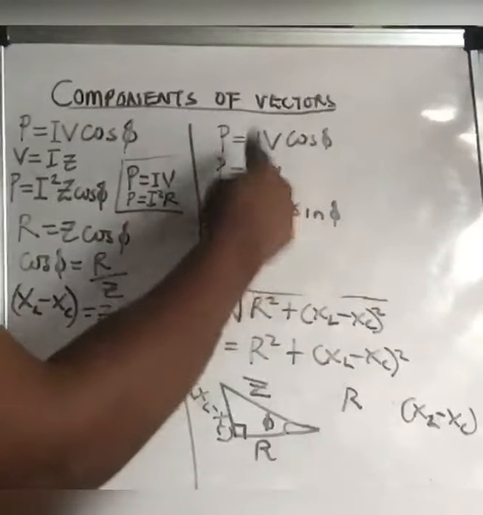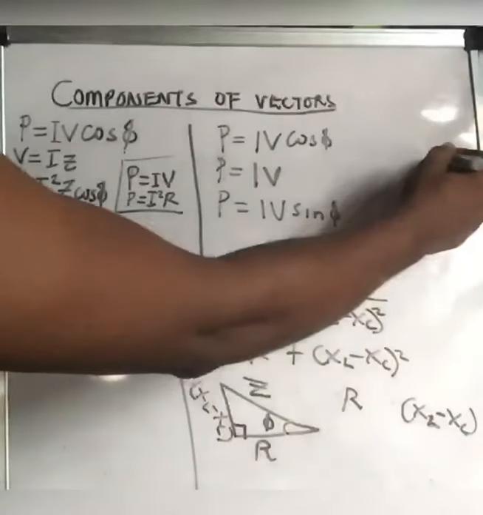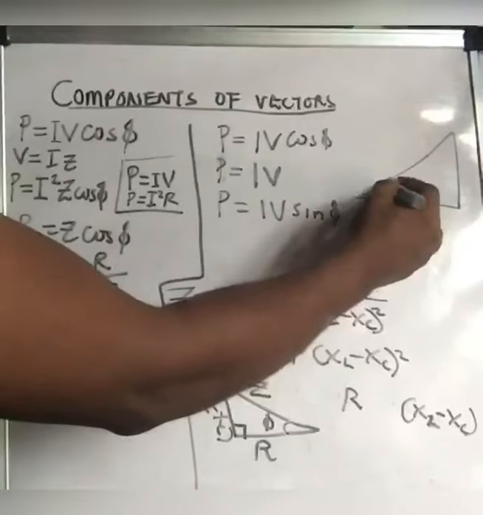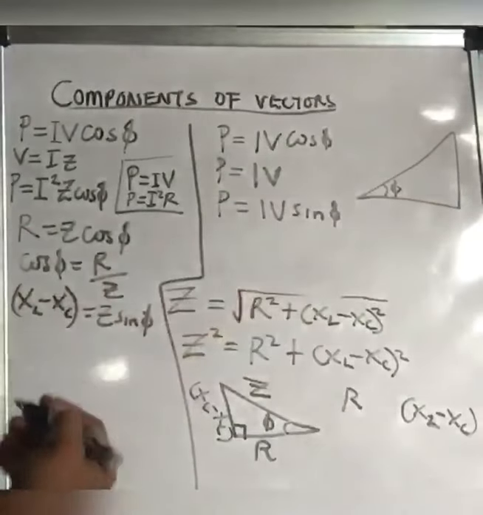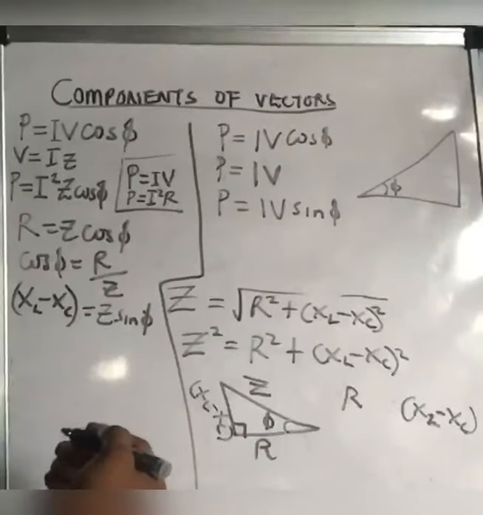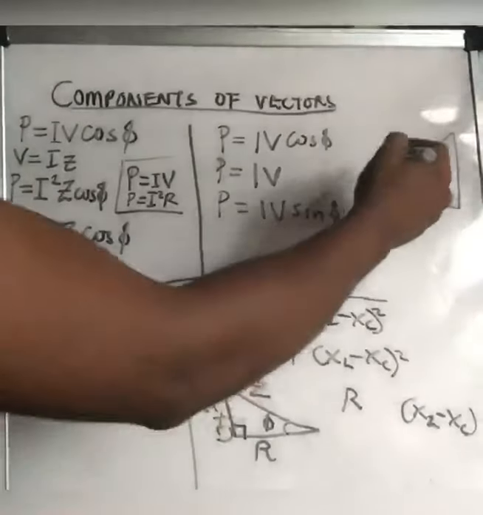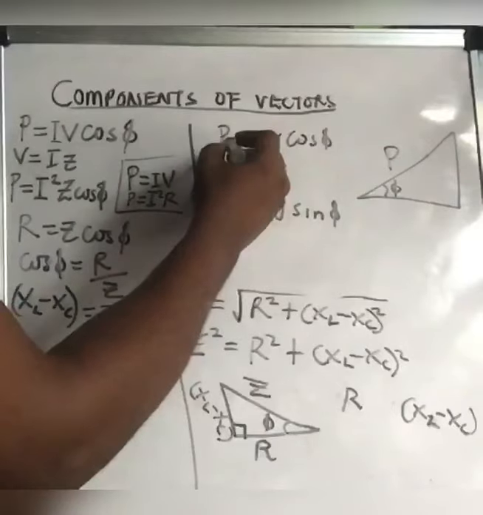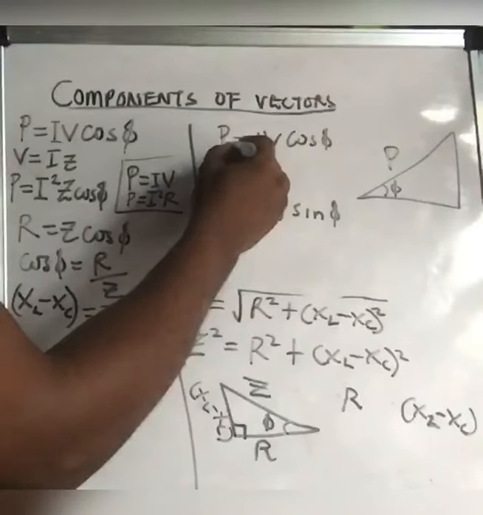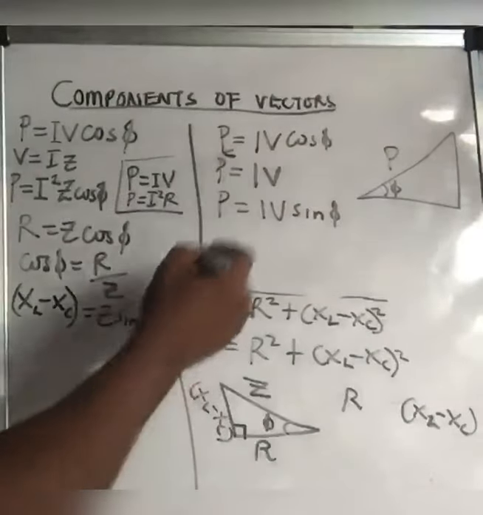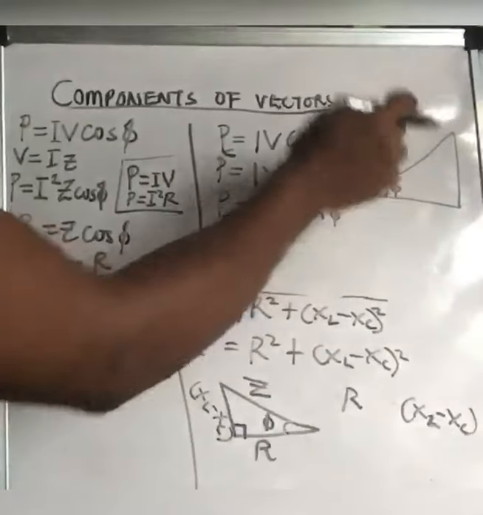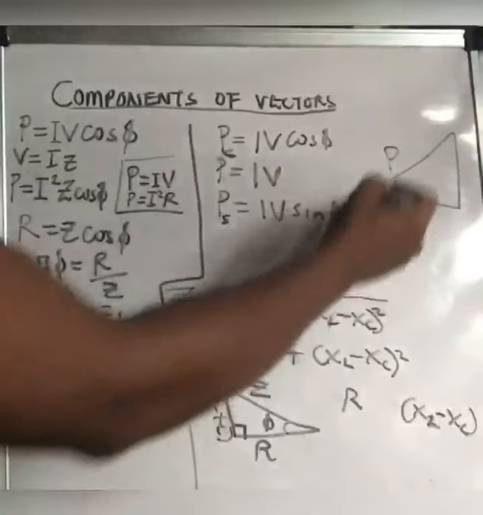So all these things can fall into a right angle triangle situation based on the phase difference. So we know that the P is IV, let's call this PC, P consumed, and this is P stored. Our main P is equal to IV.